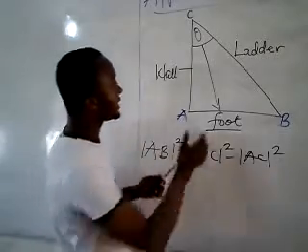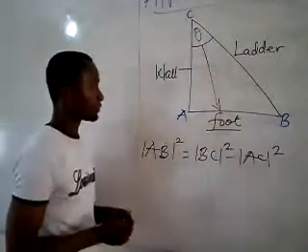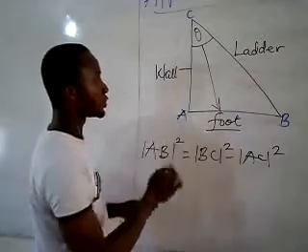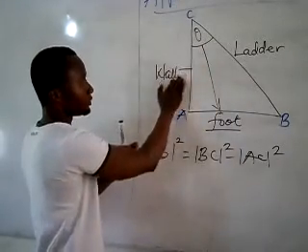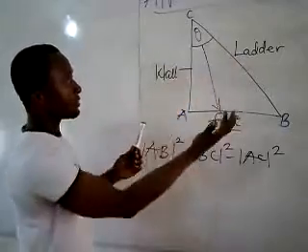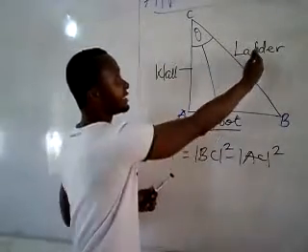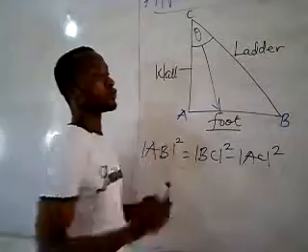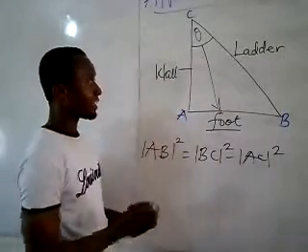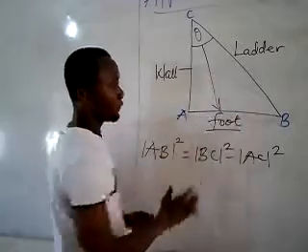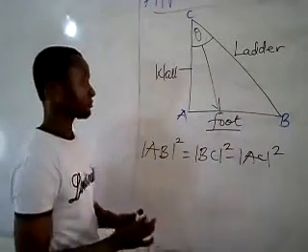Now if you are asked to find the angle, you look at where the angle is pointing to. Sometimes you will be given either a value for the hypotenuse, or a value for where we have the wall, that is the adjacent, or the foot that represents the opposite.